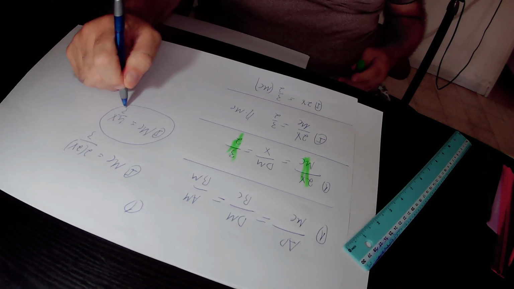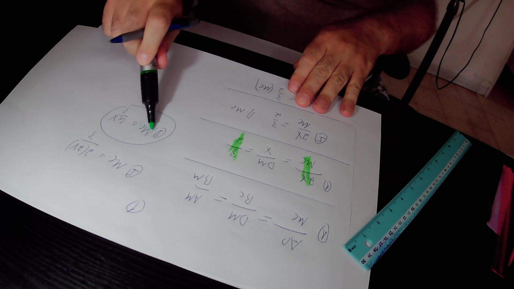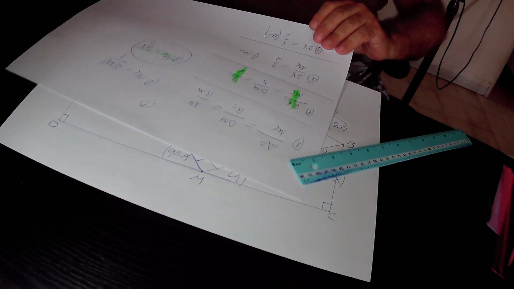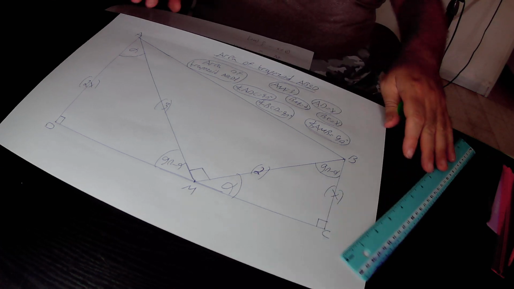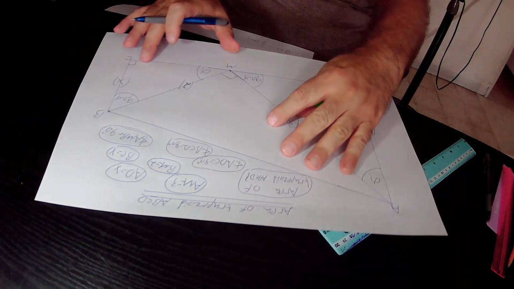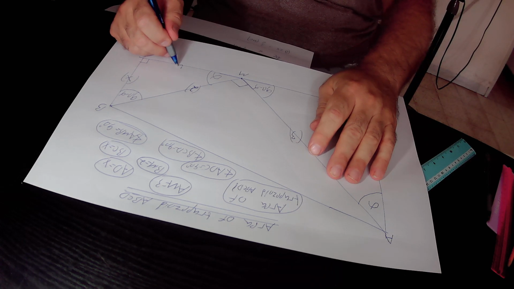So the length of line segment MC is 4x over 3 units.